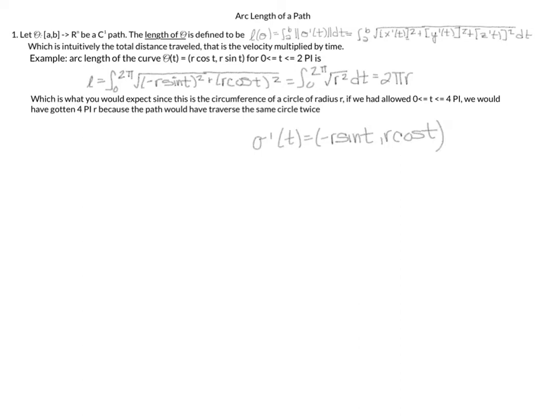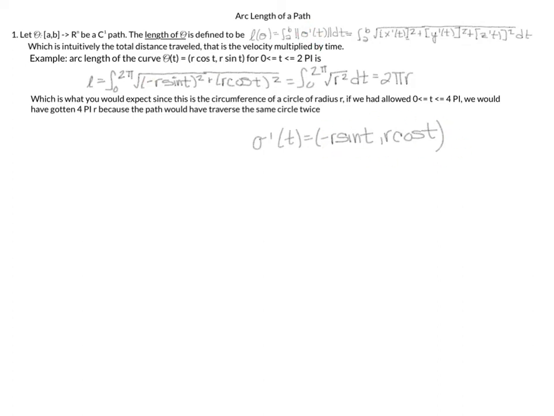Here, getting ready to plug into my formula, I need the derivative of my sigma. So I take my derivative, that gives me my velocity, if you recall. The derivative of r cosine t with respect to t is minus r sine t. The derivative of r sine t with respect to t is r cosine t. I plug it in. I need the magnitude now of my velocity.